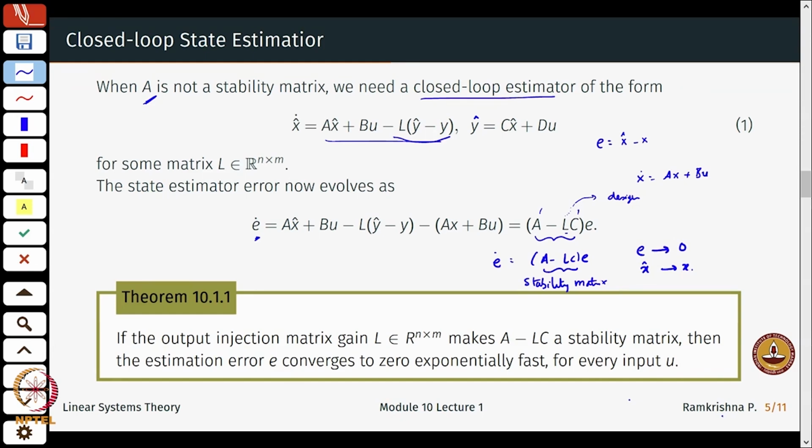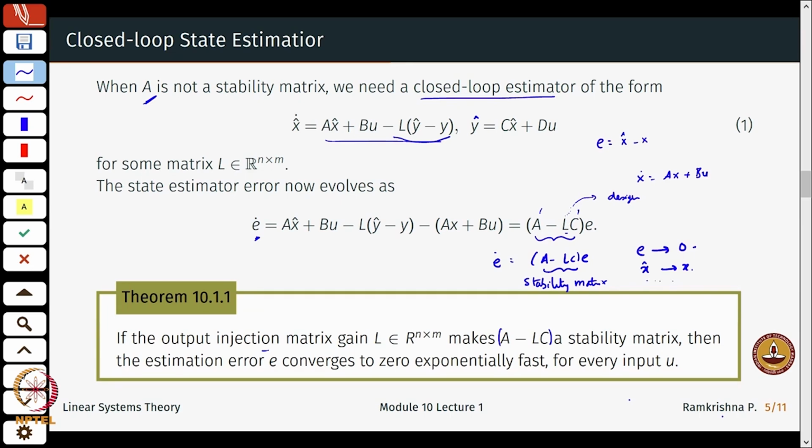So, to summarize, if the output injection matrix gain L, so I call this the output injection matrix, right, is available for design, and it makes A minus LC a stability matrix, then the estimation error converges to 0 exponentially fast for every input u, and therefore, x hat converges to x.